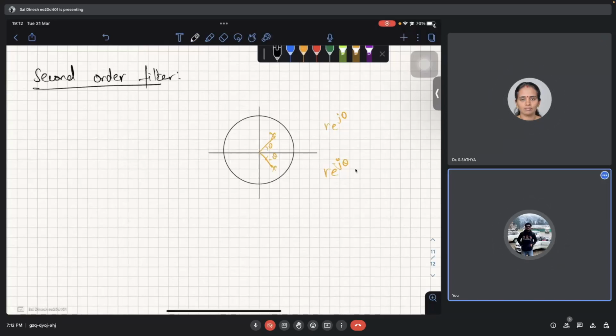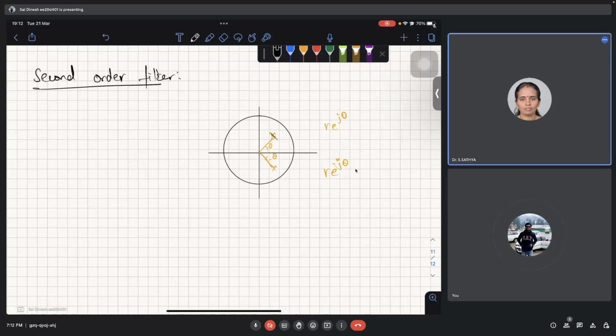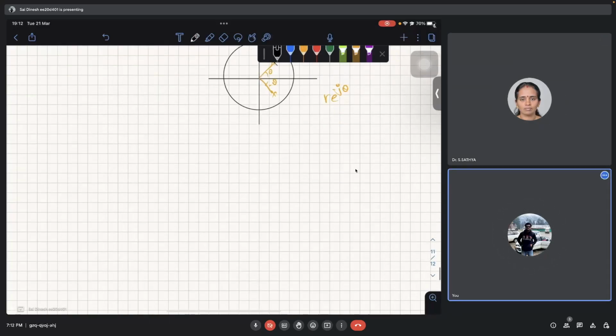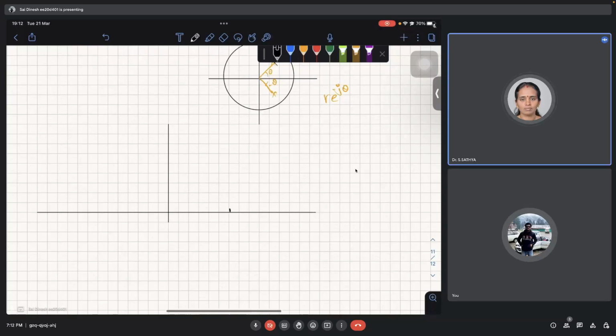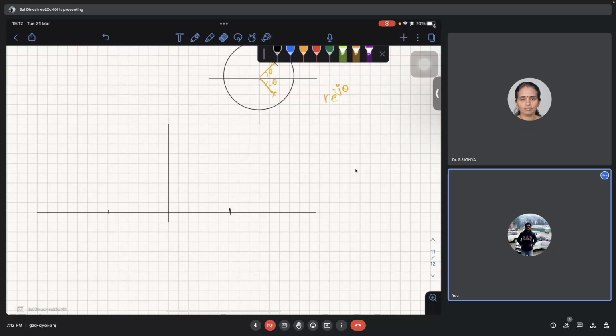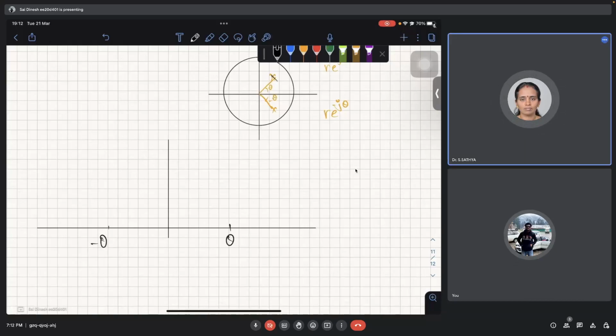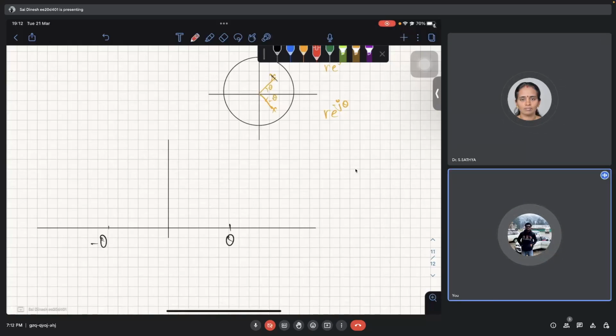Let me just draw it. So this pole will create a peak at that angle, right? So this will be somewhat like this.